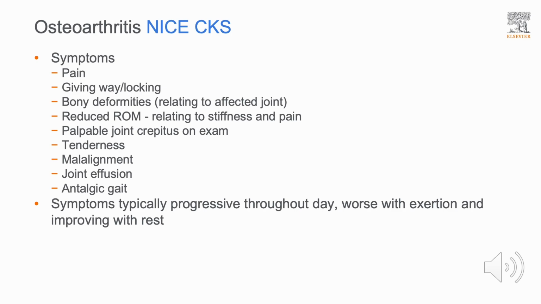There may be palpable joint crepitus on passive movement while examining the joint. The joint may be tender to palpation. There may be associated malalignment, particularly in those with a history of trauma. There may be associated joint effusion, and if the hips or knees are affected, the gait may be antalgic.